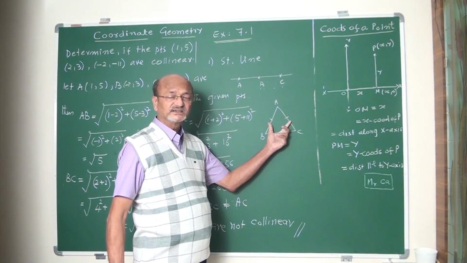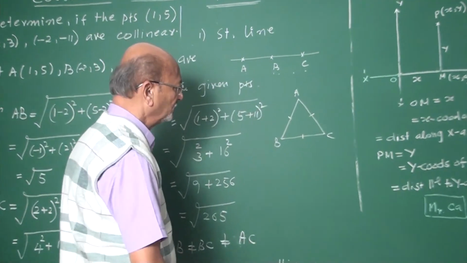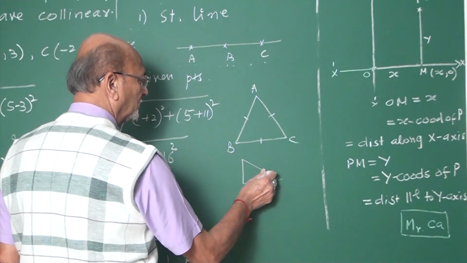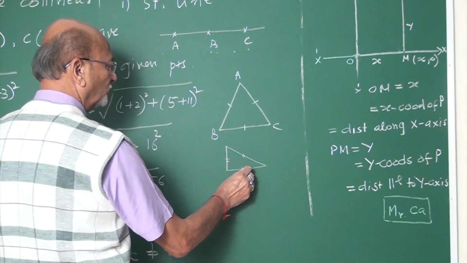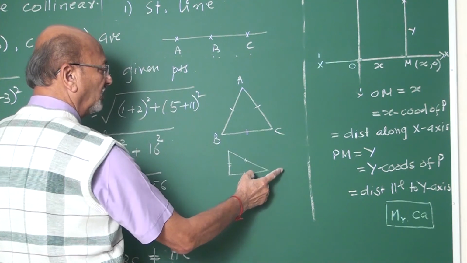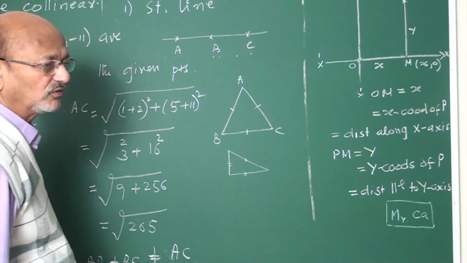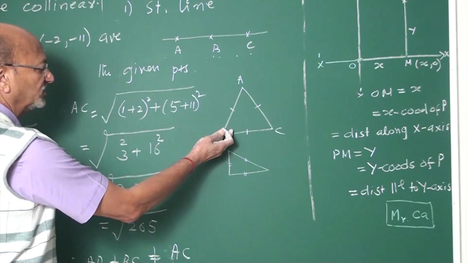If only two sides are equal, isosceles triangle. If they satisfy the Pythagoras theorem, that is, the square of one side equals the sum of squares of the remaining, it is a right-angled triangle. If all three are not equal, it is a scalene triangle.